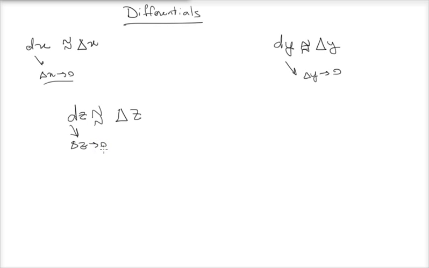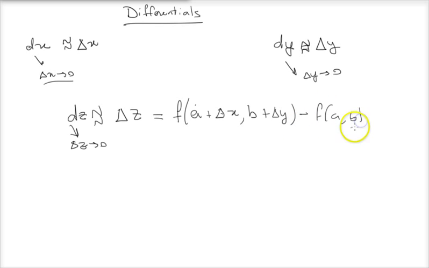That's correct. And this change in z we can actually express as a formula. So whatever function we're dealing with here, a function in two variables, some value a plus our change in x, and some value b plus our change in y, minus the function at a, b. So this is our change in z. Basically all we're doing is we're changing both of our x and y coordinates by a little bit, so by something that's analogous to our x and y differentials.